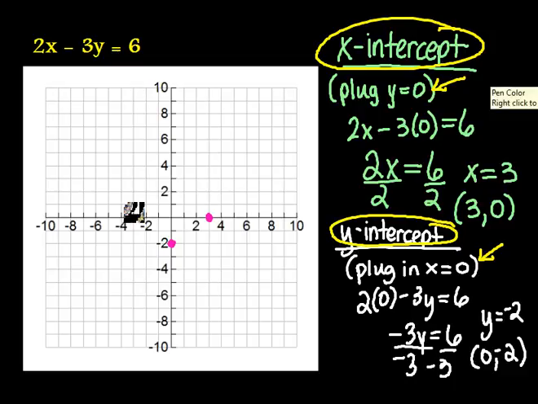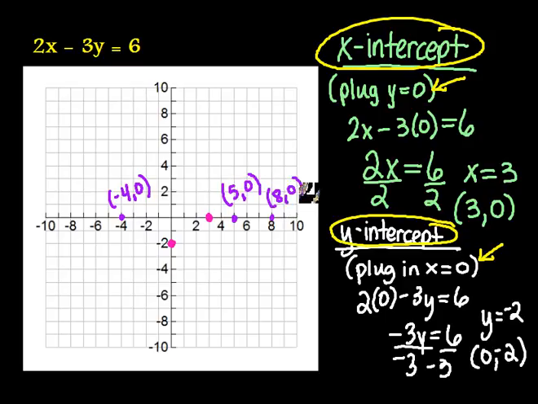Like, for instance, the point (-4, 0), or the point (5, 0), or the point (8, 0). Every single point on the x-axis has 0 for the y value. So asking where the point would be on the x-axis is the same thing as asking which point has a y value of 0. And that way we can find our x-intercept.